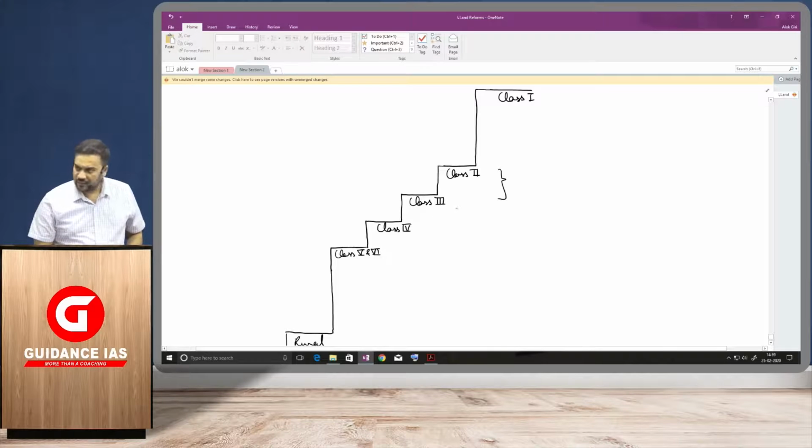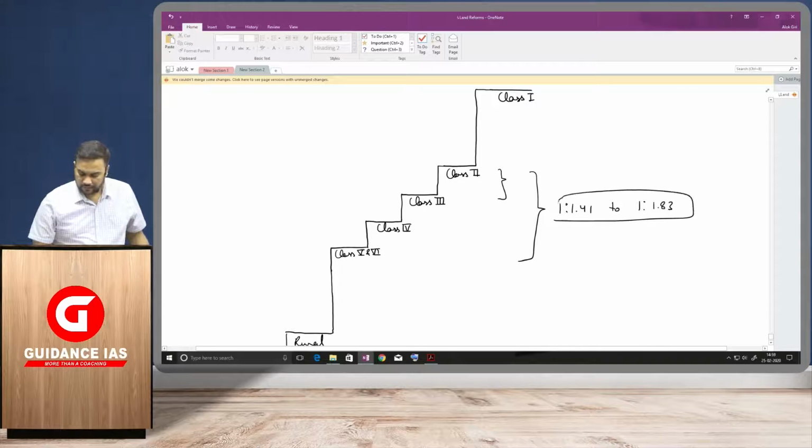Here also it is the same. So the distance between these places ranges between 1:1.41 and 1:1.83. But at two places it is broken, where the distance between class 1 and class 2 towns is very big.